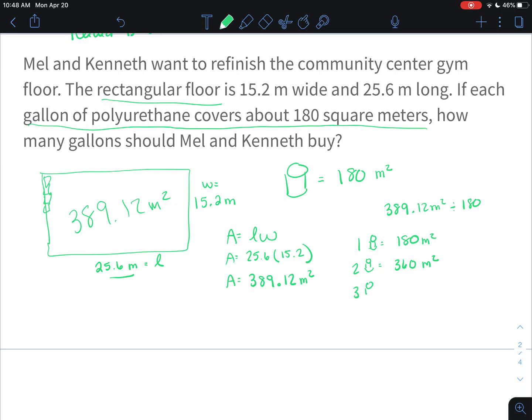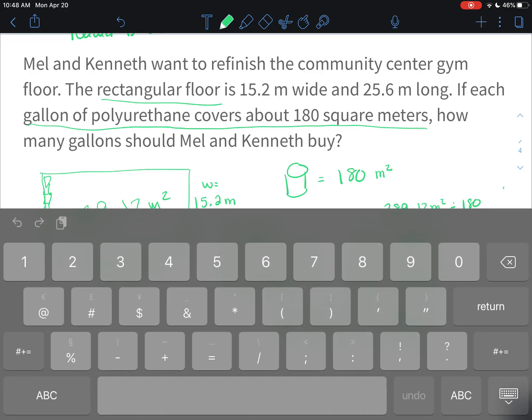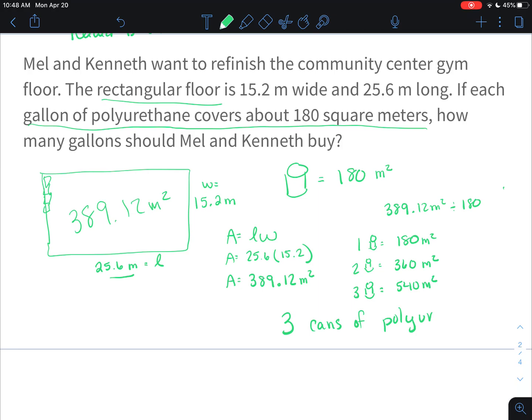So just to double check, it should be 3 cans. 180 times 3 is 540 square meters, which is perfect. We'll have a little left over, but it's better to have too much than not enough. So we actually need 3 cans of polyurethane.